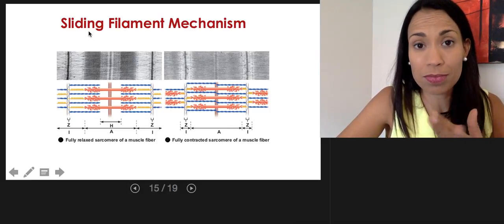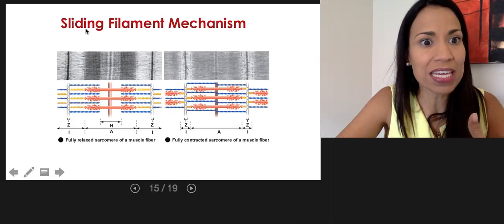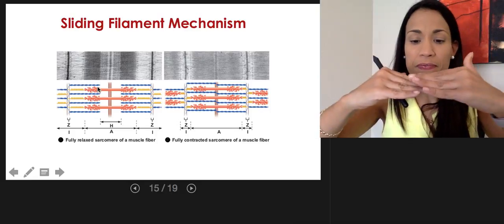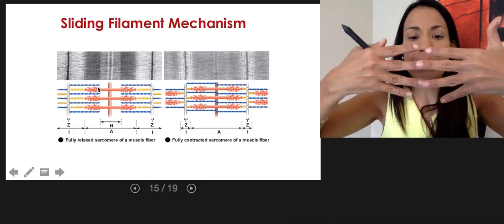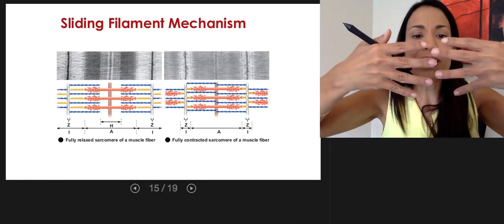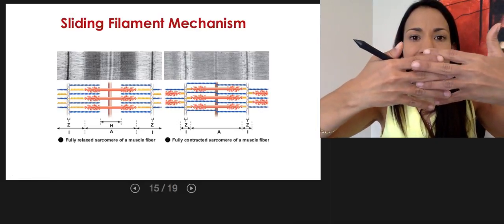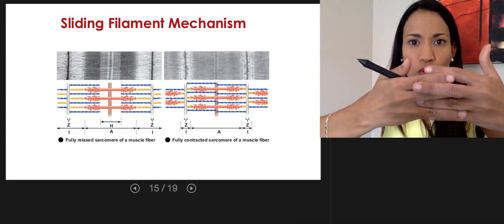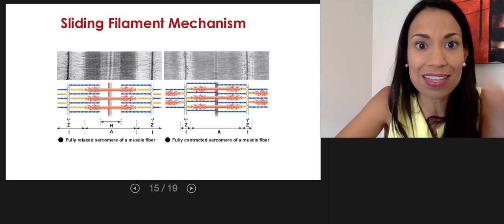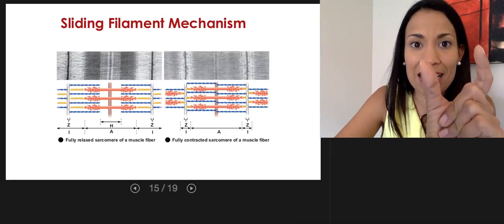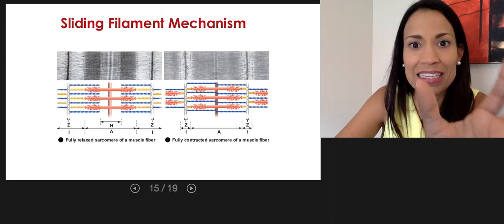What we think happens is that since the myosin and thin filaments overlap, they slide past each other, and that's how they shorten. But the length of each of these fibers does not get modified.